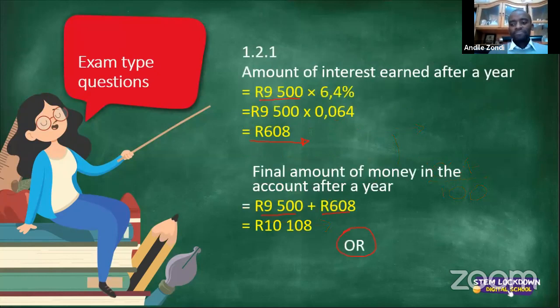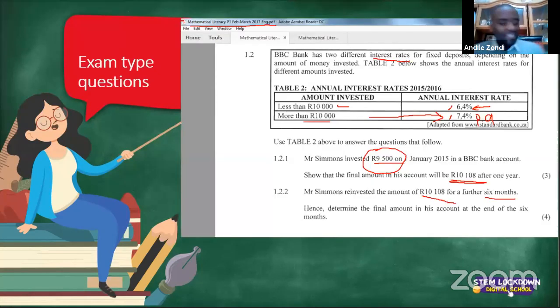Okay, question 2. I only have about 10 minutes. Okay, for question 2, the interest rate that you'll be using is 7.4%, right? But for 6 months, this interest is for the whole year. So obviously 6 months is actually half of the year. So we need to divide our interest by 2, because this amount of money was not invested for the entire year, but only for half of the year. 6 months is half of the year.